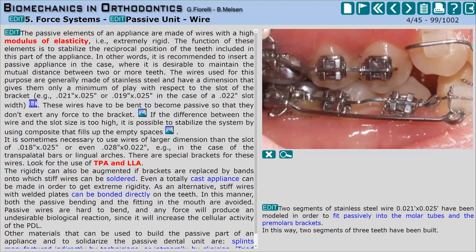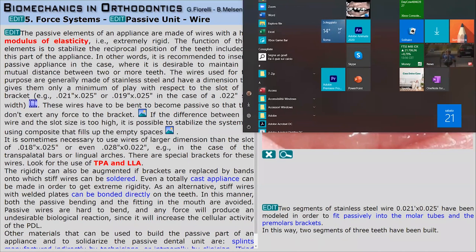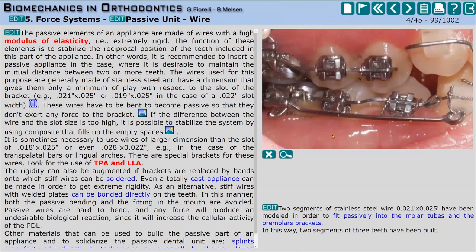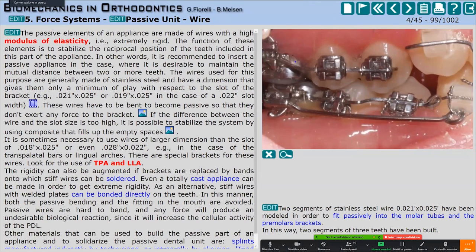Give me a second. So this wire here, and this wire here, has to be stainless steel, and the minimum size you have to use is 17 by 25.